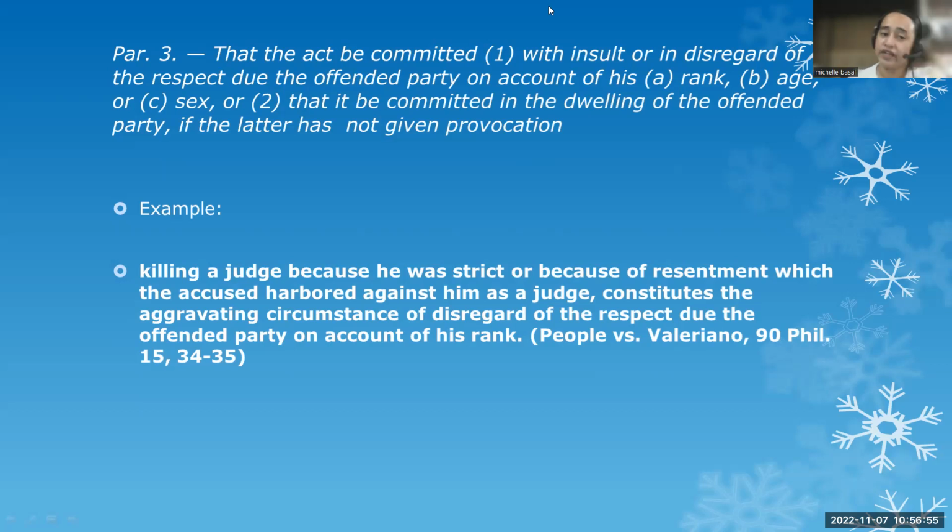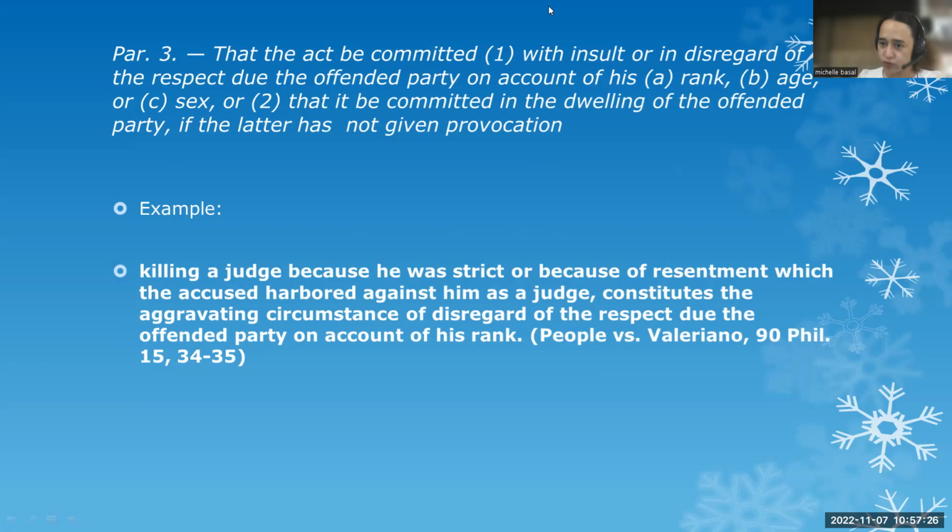So for example, killing a judge because he was strict or because of resentment, which the accused harbored against him as a judge, constitutes the aggravating circumstance of disregard of the respect due to the offended party on account of his rank. So take note, a judge should also be treated with much respect. A judge is a high-ranking figure in the Philippine government.